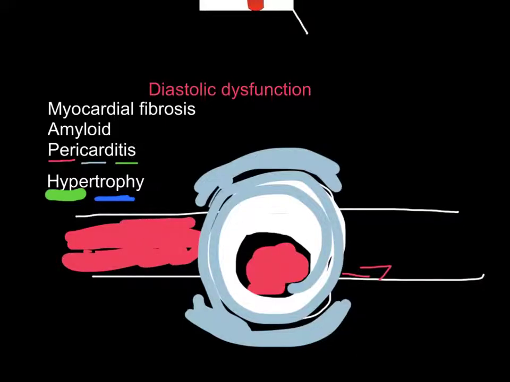And that buildup of blood can actually build back up all the way to the lungs. So that's another reason why people with congestive heart failure have difficulty breathing, as I mentioned in my previous video.